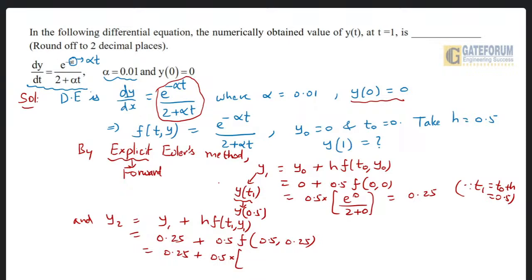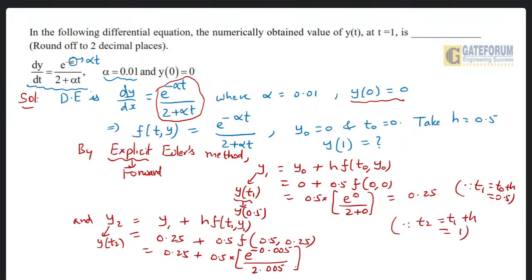So you will get e^(-0.5 × 0.01) = e^(-0.005) divided by 2.005. This simplifies to y2, that is y(t2), since t2 is t1 plus h, which simplifies to 1.